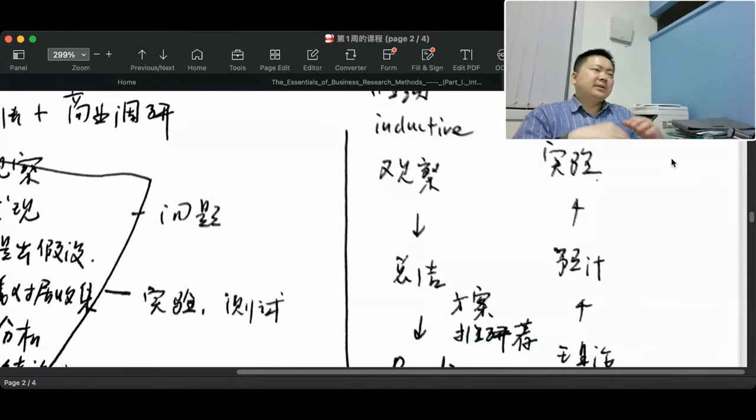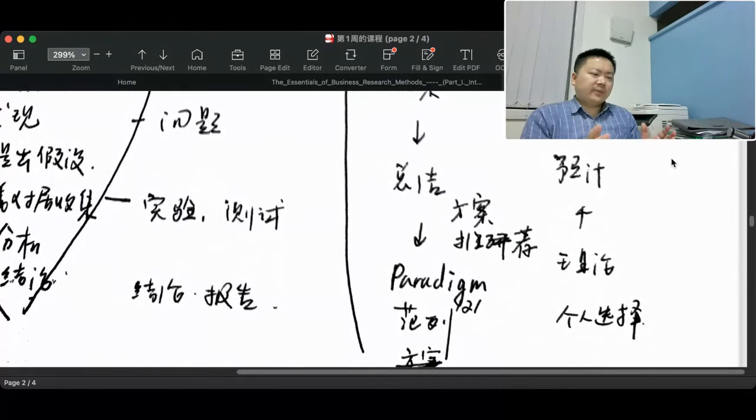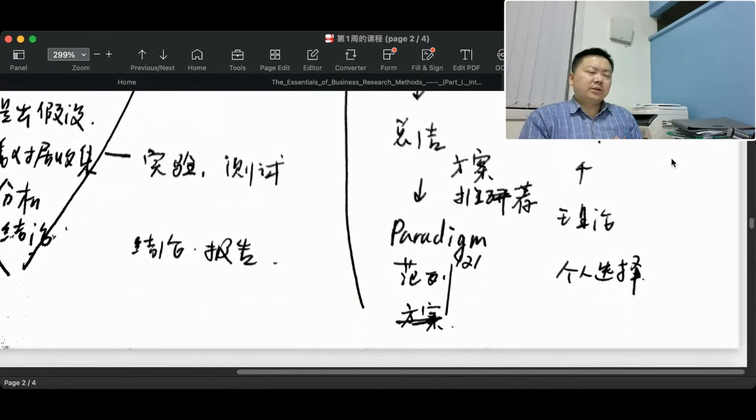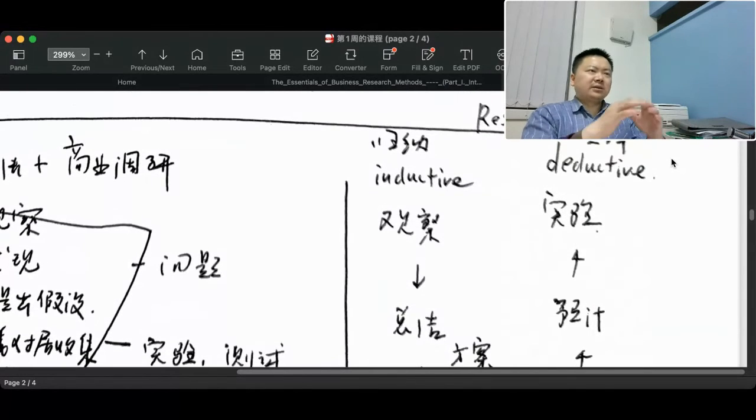Inductive is the normal way, where you first observe a problem, you collect and summarize, you give a proposal, you give a recommendation, a paradigm. So you give a solution recommendation to the management. So that's inductive. 归纳 in Chinese. Okay, inductive.